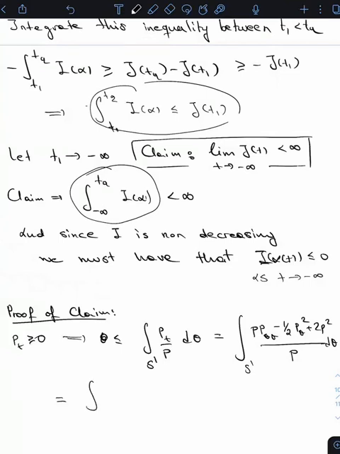So I'm getting the integral of minus 1/2 P_theta squared over P plus the integral of 2P.